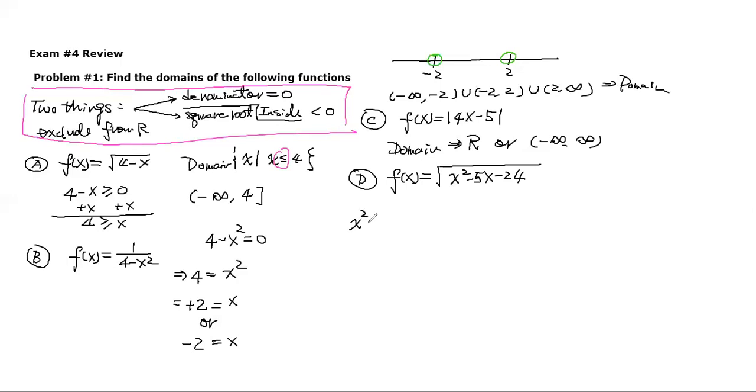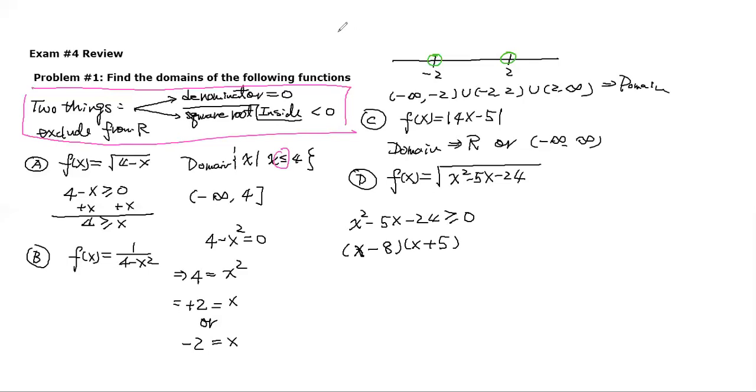So you will say x squared minus 5x minus 24 has to be greater than or equal to 0 in order to be inside the square root, right? Now, how do you do that? Do you remember? You factor it, right? So this is x minus 8 times x plus 5.